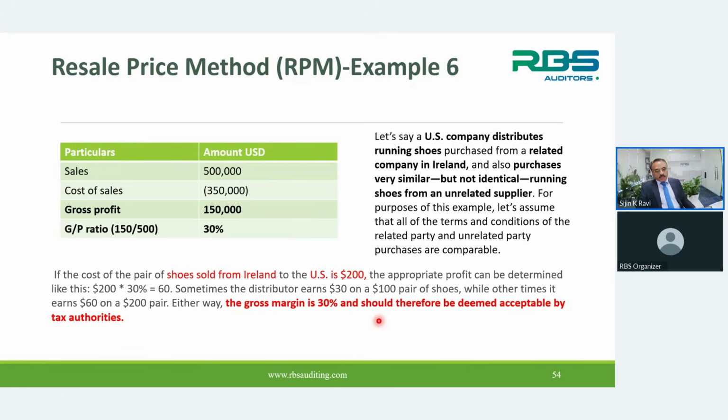So a gross margin of 30% should be acceptable to the tax authority because you are adopting the resale price method. With this method, you arrive at the normal profitability GP ratio, then you apply that GP ratio to the selling price, and then you arrive at the pricing.